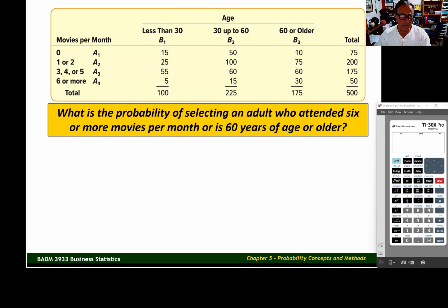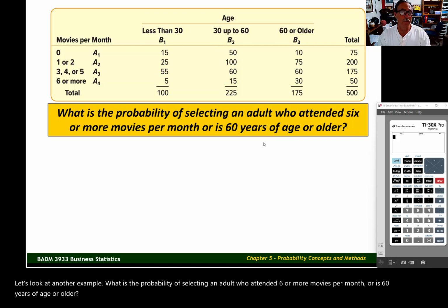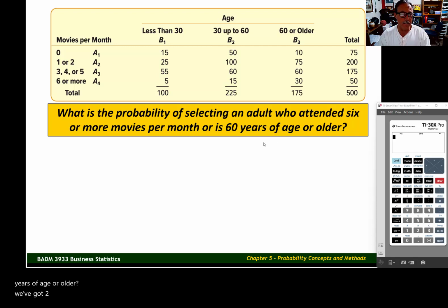Let's look at another example. What is the probability of selecting an adult who attended 6 or more movies per month or is 60 years of age or older? We've got 2 different events that we're talking about, and we're going to use the general rule of addition.